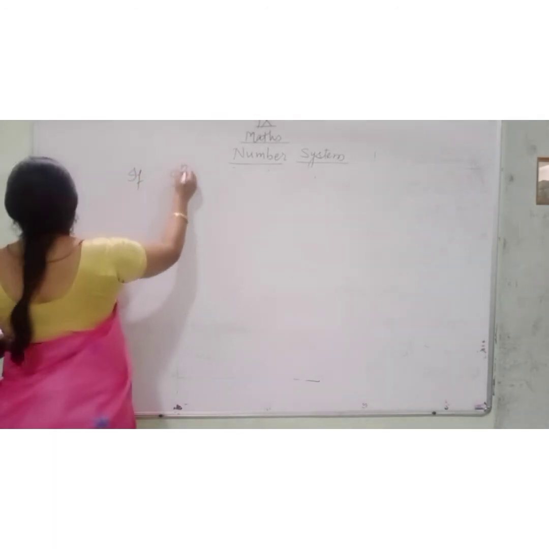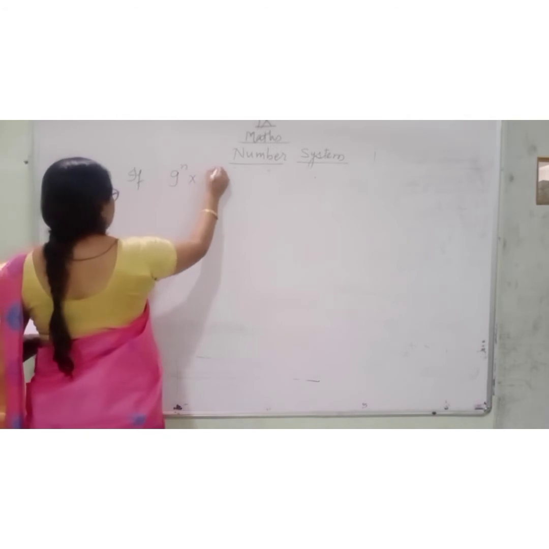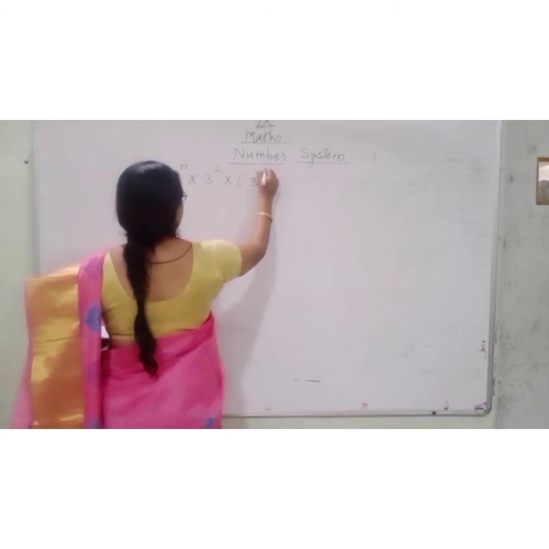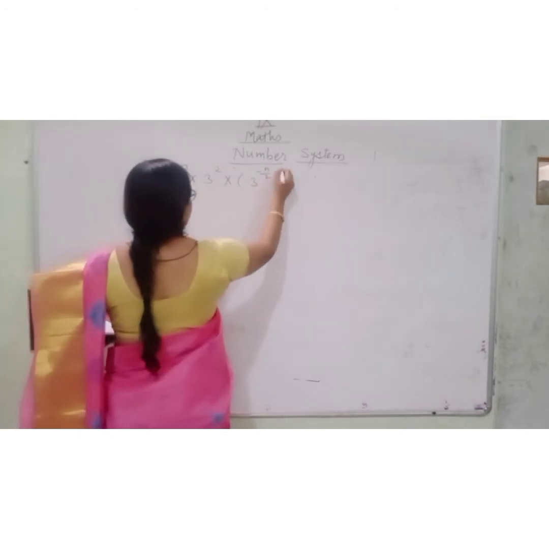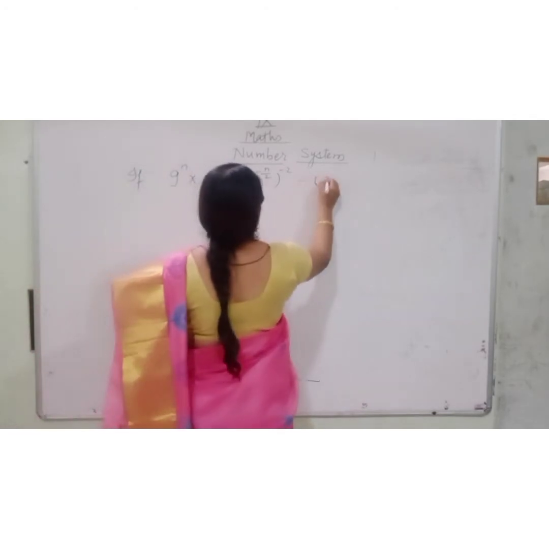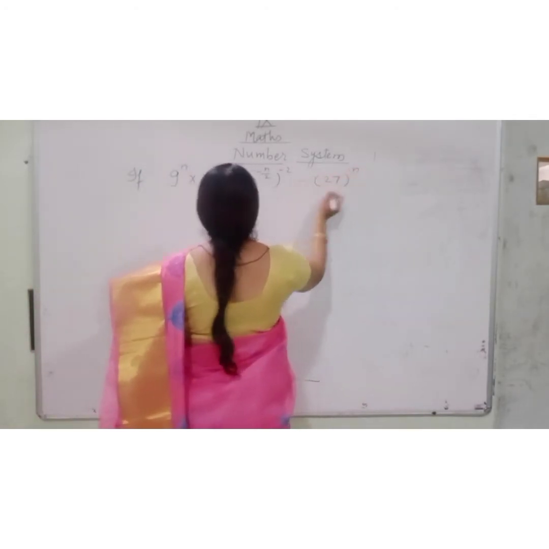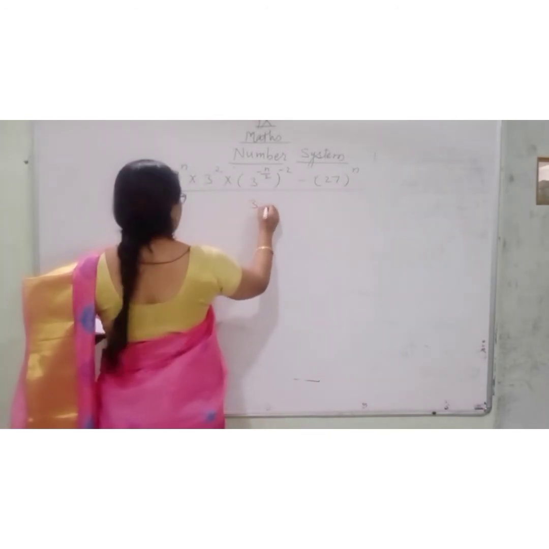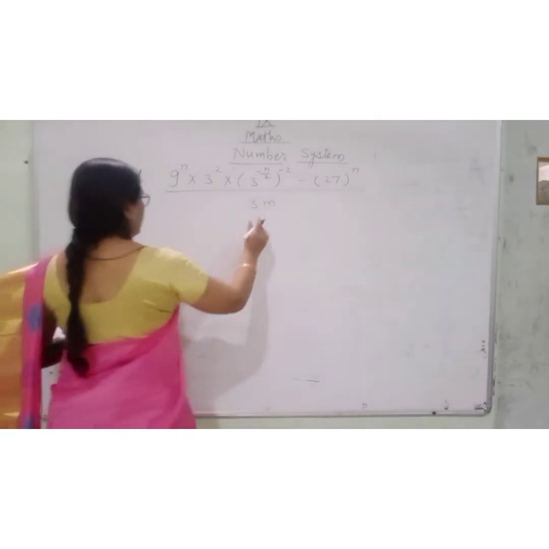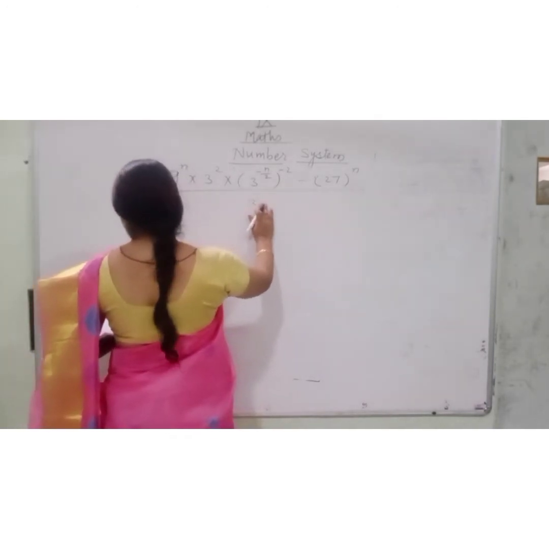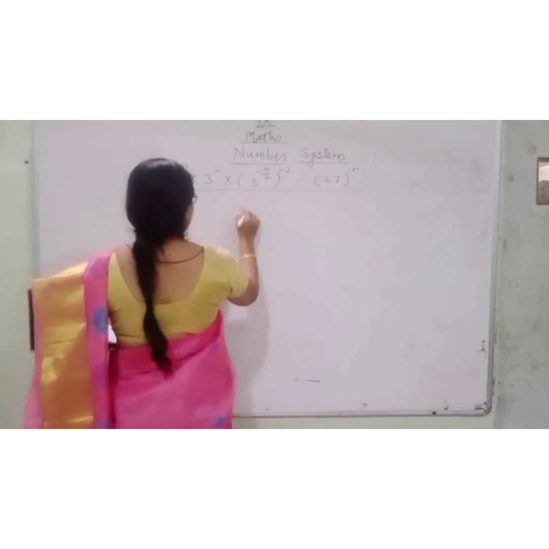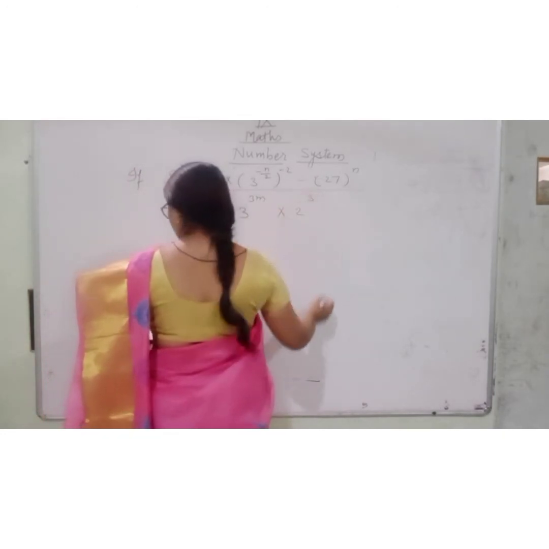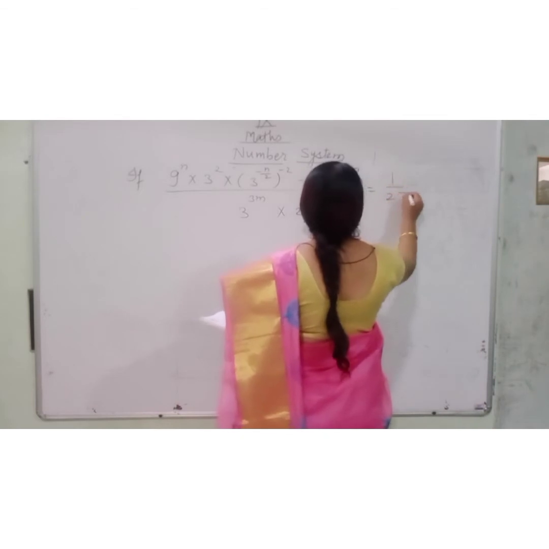9 raised to the power n multiplied by 3 square multiplied by 3 raised to the power minus n, divided by 3 raised to the power m multiplied by 2 raised to the power minus 2, minus 27 raised to the power n divided by 3 raised to the power 3n multiplied by 2 raised to the power 3 is equal to 1 upon 27.